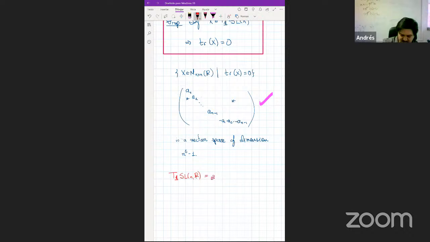Usually they use these German letters. It's the set of traceless matrices. That's how they are called. The trace is 0. So this is a vector space of dimension n squared minus 1.